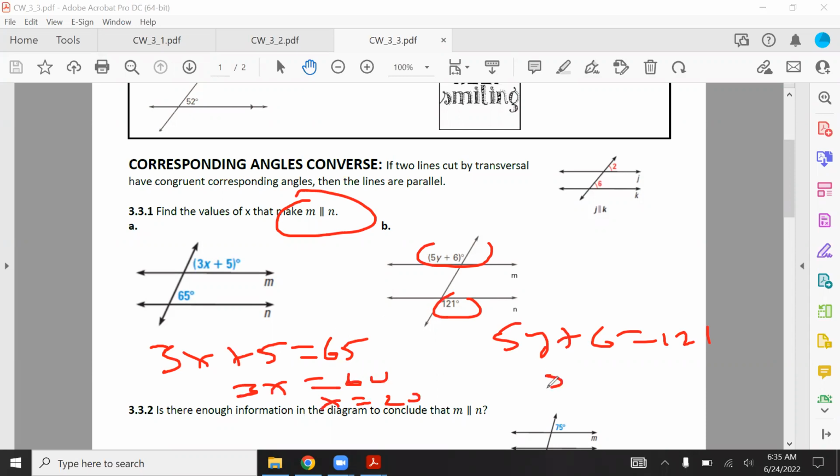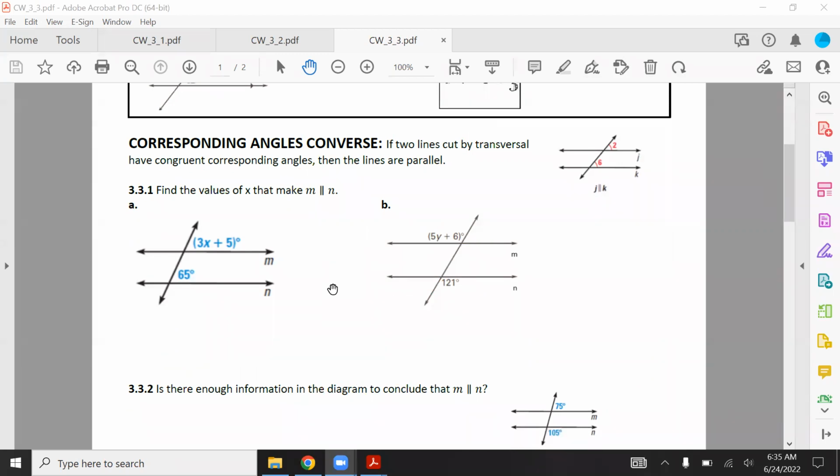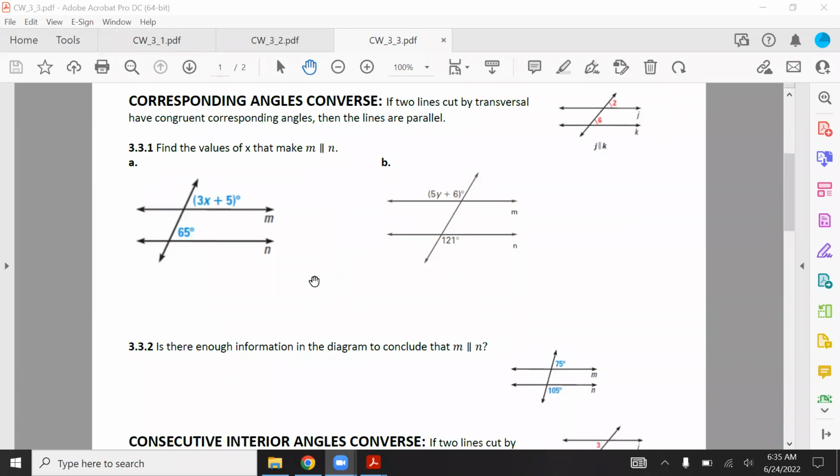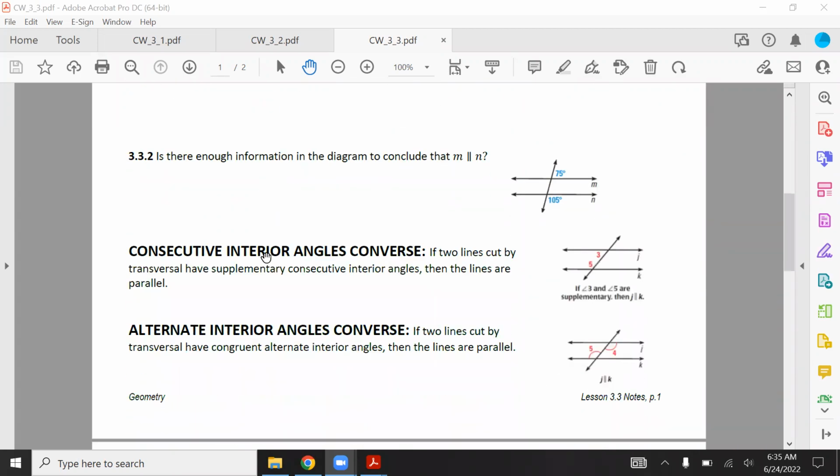Or here, 5y equals 115, y equals 23. There we go. So that would force M and N to be parallel because I'm making the angles the same, following the rules for whatever classification they are, like corresponding or alternate exterior.